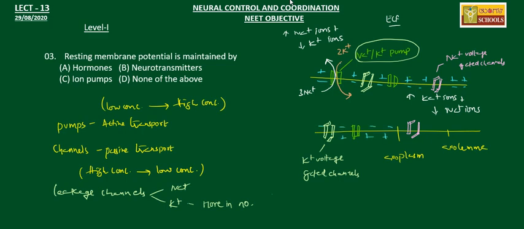So you can see here, mainly the sodium potassium pump is the one that is responsible. That's an ion pump. This ion pump is mainly responsible to maintain the resting membrane potential, which is around minus 70 millivolts.